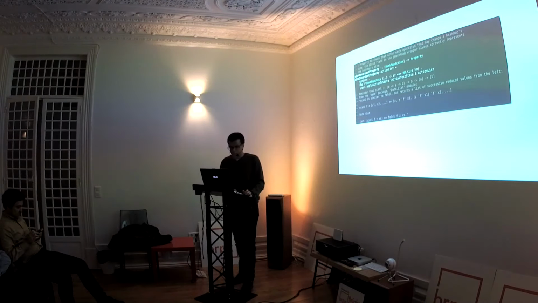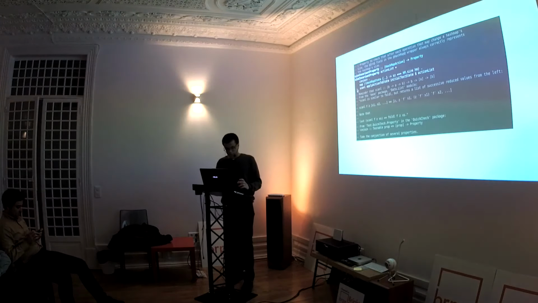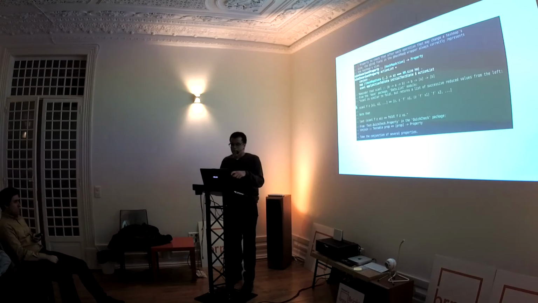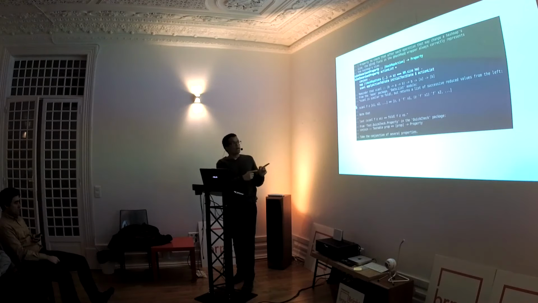And then we use conjoin. Conjoin is a function that, I have some notes here, takes a list of properties and gets its conjunction. So we don't just check that the final state is actually what we want. We check that every step of the way, the size that we got and the size that we expected are the same.